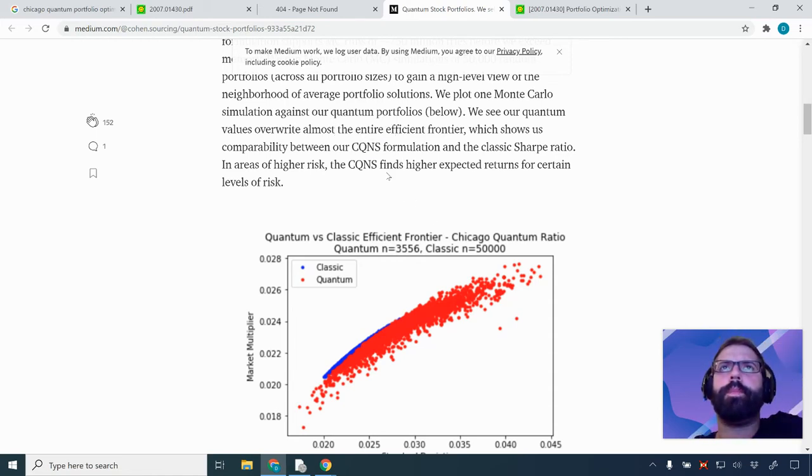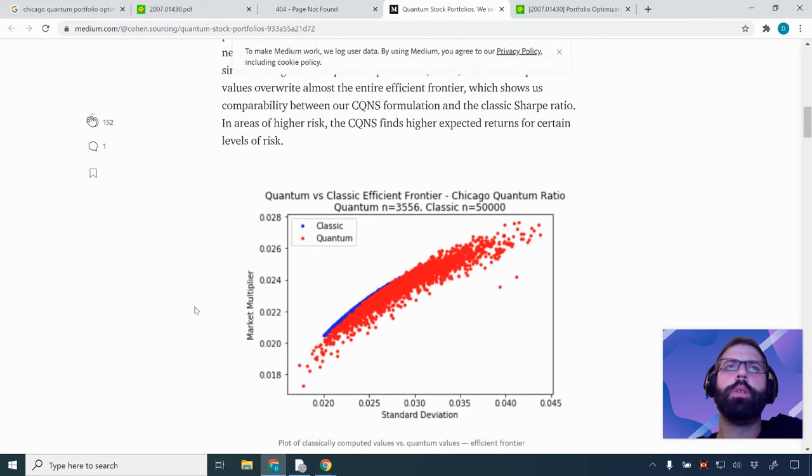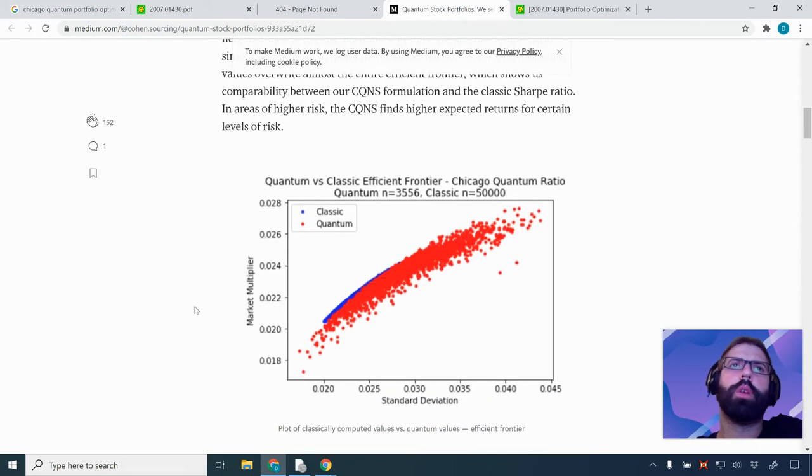The CQNS finds high expected returns for certain levels of risk. Quantum versus classical efficient frontier.